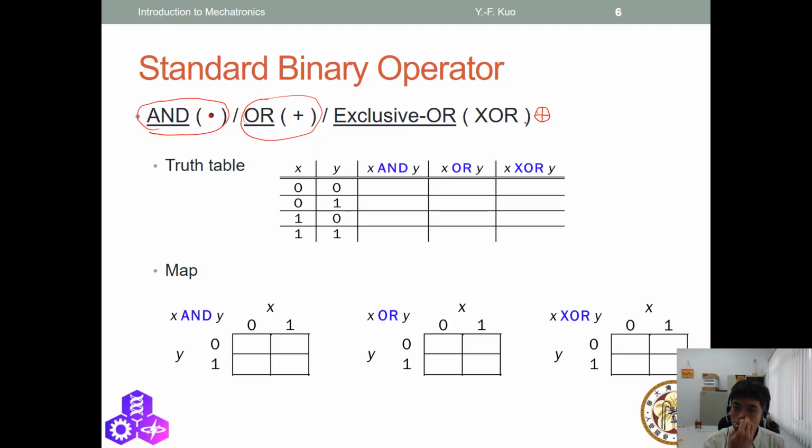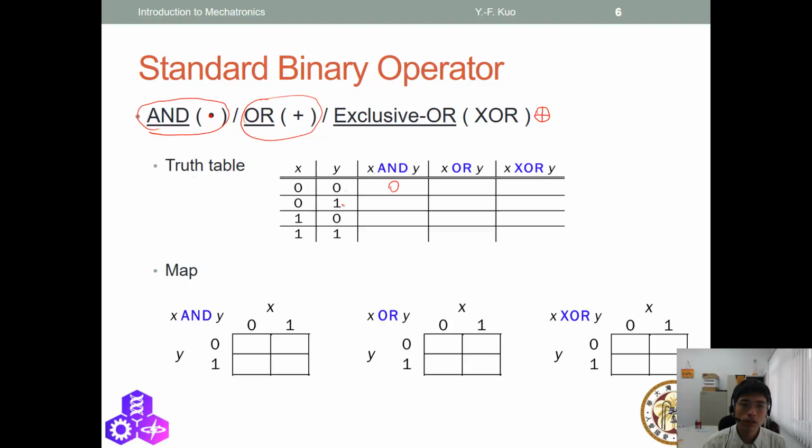So what do they do? Now we have to fill in the truth table here. If x is 0, y is 0, what is x and y? This is pretty straightforward. Let's finish this column first. If x is 0, y is 0, x and y is 0.